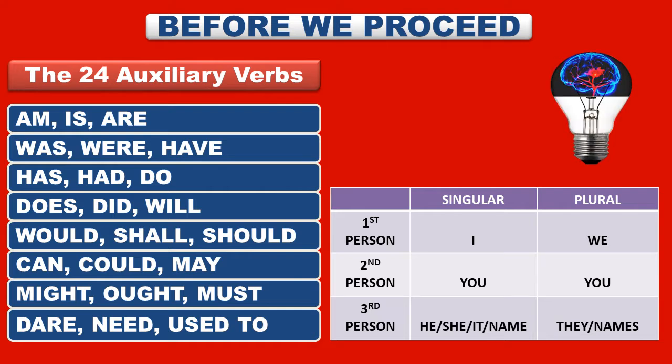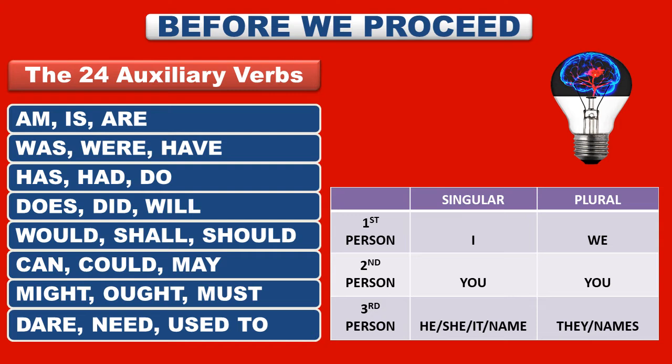But before we go into the details of how to convert assertive sentences into interrogative sentences, the first thing that we have to know is that there are 24 auxiliary or helping verbs in English which you have to learn. As you can see on the screen, the names of all the auxiliary verbs have been listed below, and another table is given where we get to know what is first person singular number, what is second person singular number, and what is third person singular number.